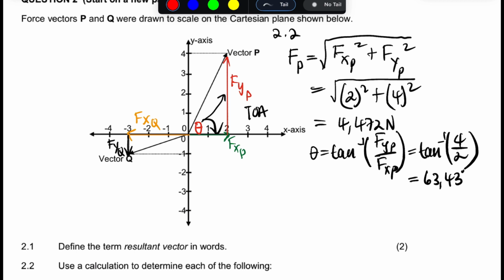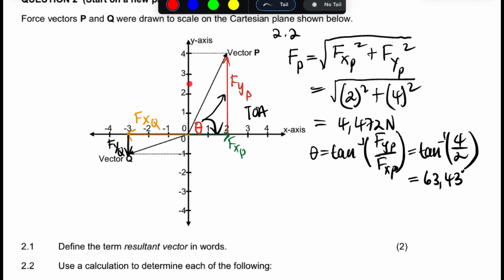With the bearing method, we always go clockwise, and we start from the positive y-axis.